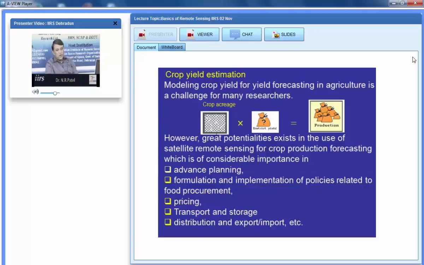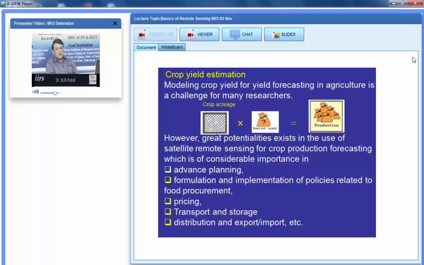So first of all, we will see what crop yield estimation is and why we need it. Crop yield estimation involves area estimation and the yield per unit area, that means productivity estimation.